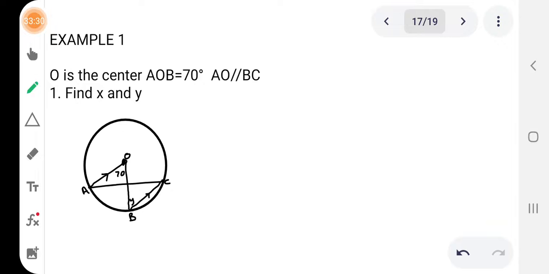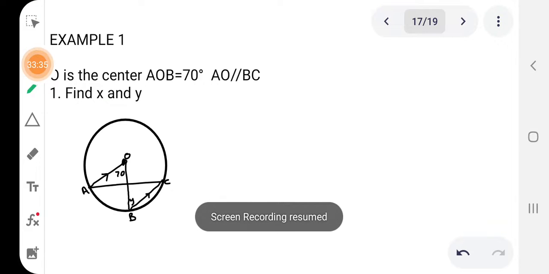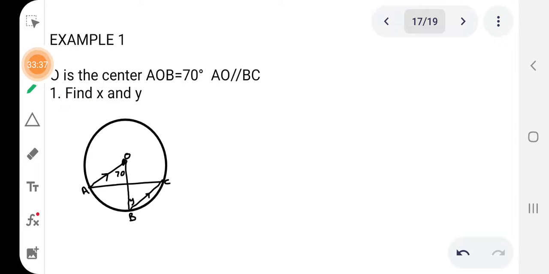Okay, let's take we are given an example. So in this example, we must first read the statement, which states that O is the center. Angle AO is equal to 70 degrees.